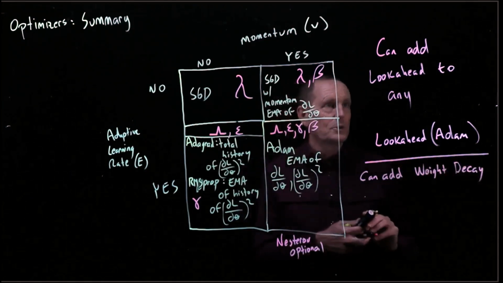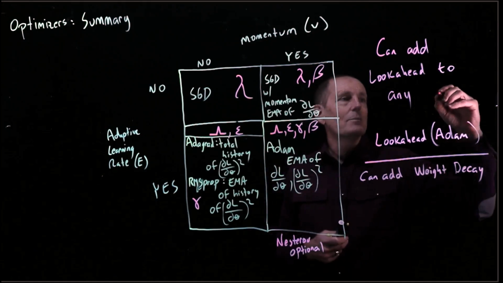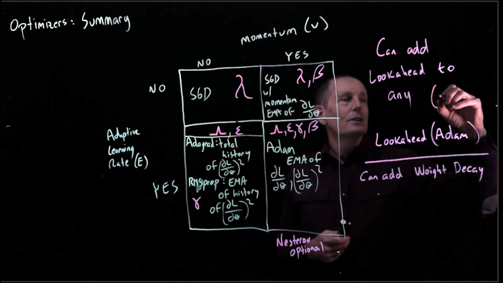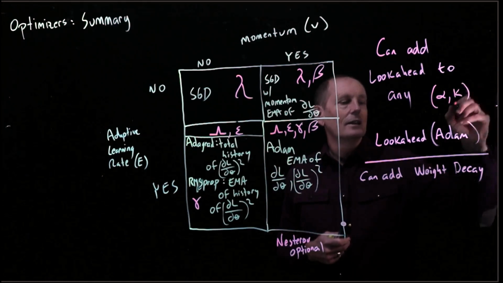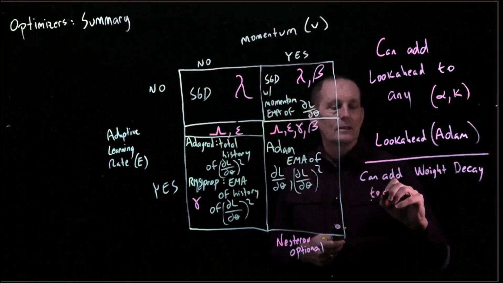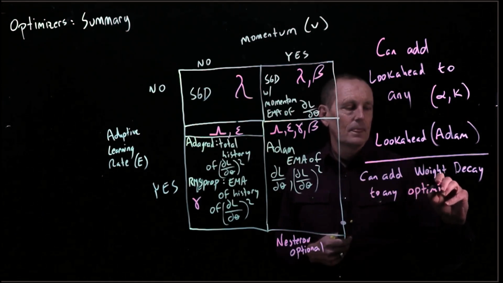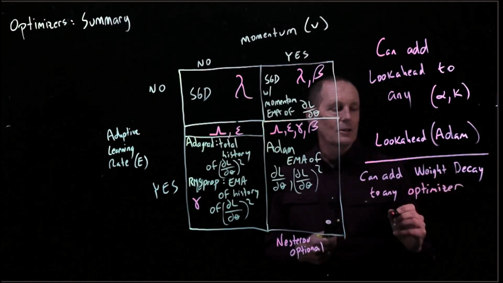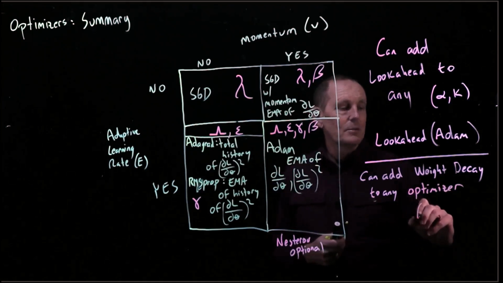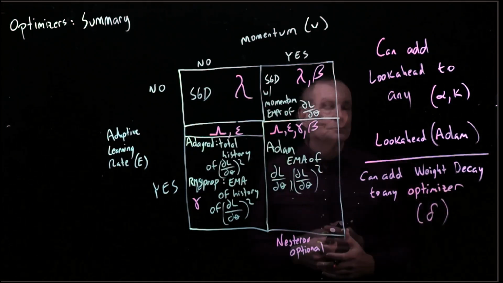Also, we've got hyperparameters: here we have hyperparameters alpha and k, and we can add weight decay to any one of these. So weight decay can go to any optimizer, and let's say the hyperparameter is delta.